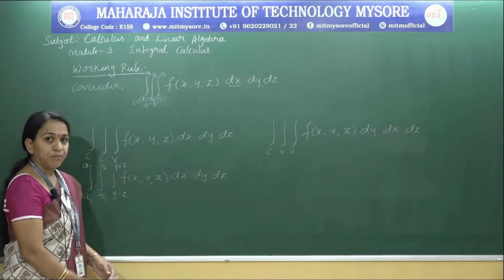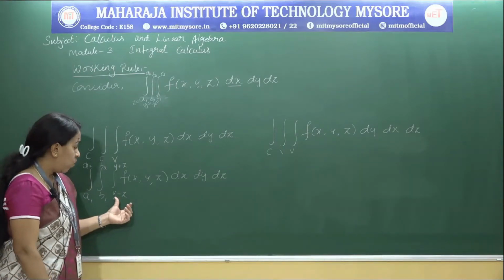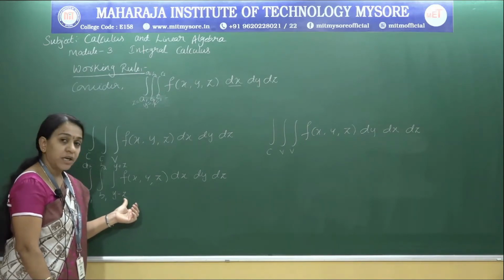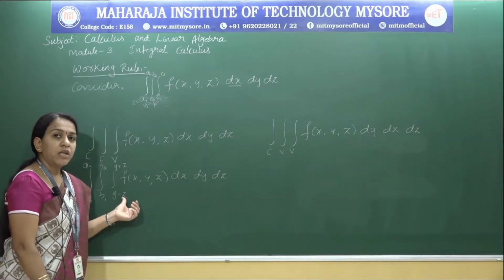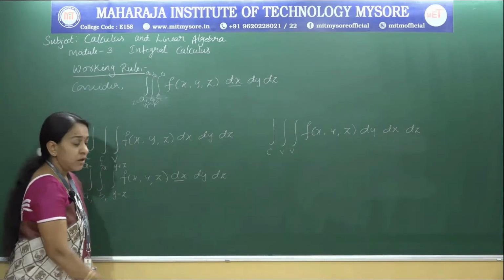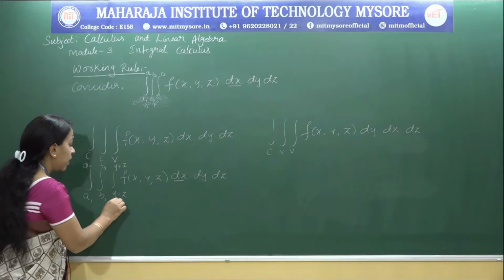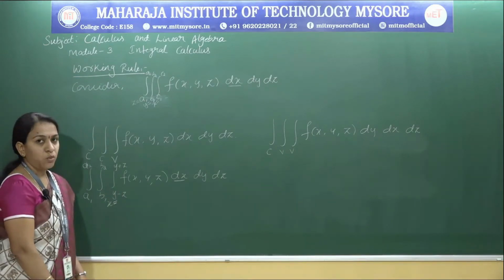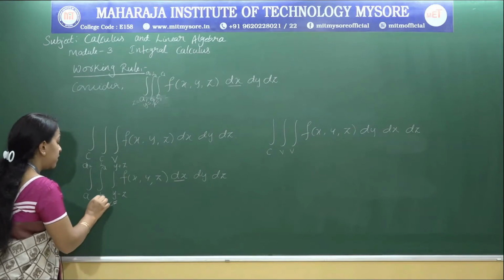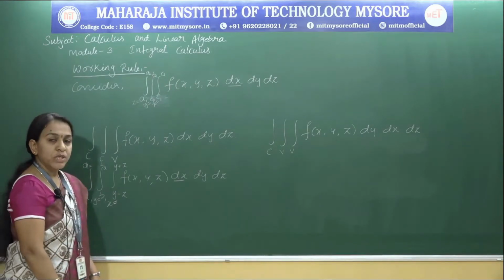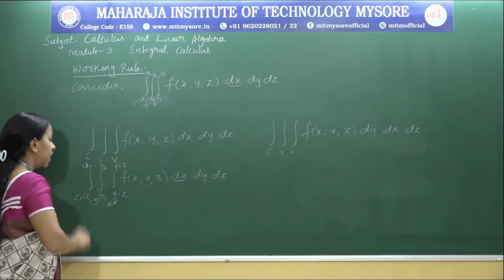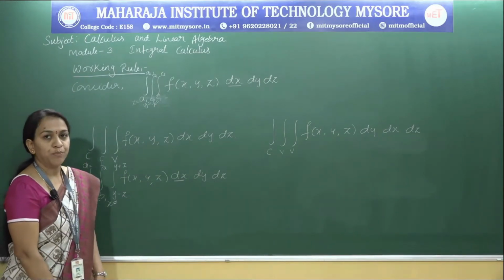Since I have y and z in the limit place, definitely that should be the limit of x, and also we have dx here, therefore x varies from y minus z to y plus z. Then dy I have, therefore y varies from b1 to b2, which is a constant limit. Then z, therefore z varies from a1 to a2.